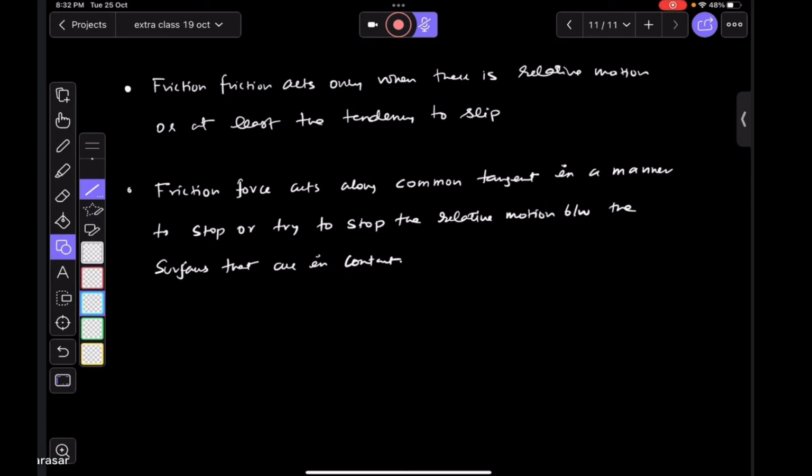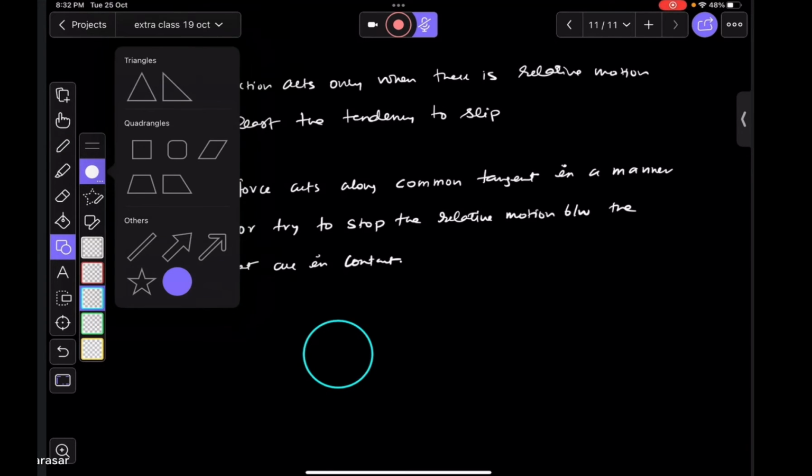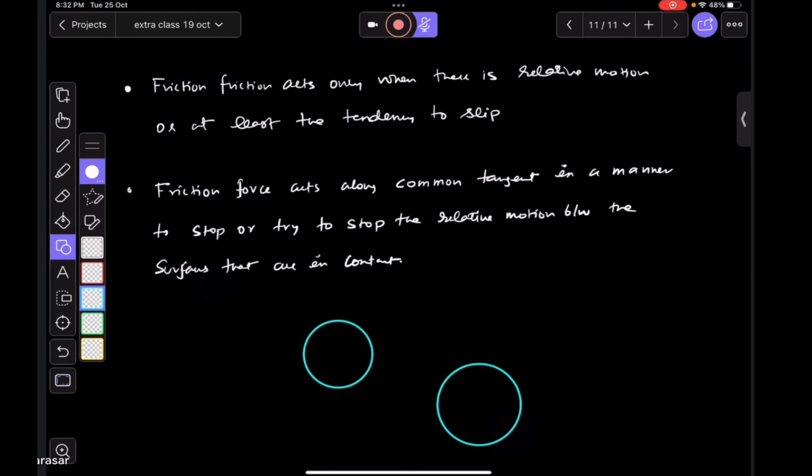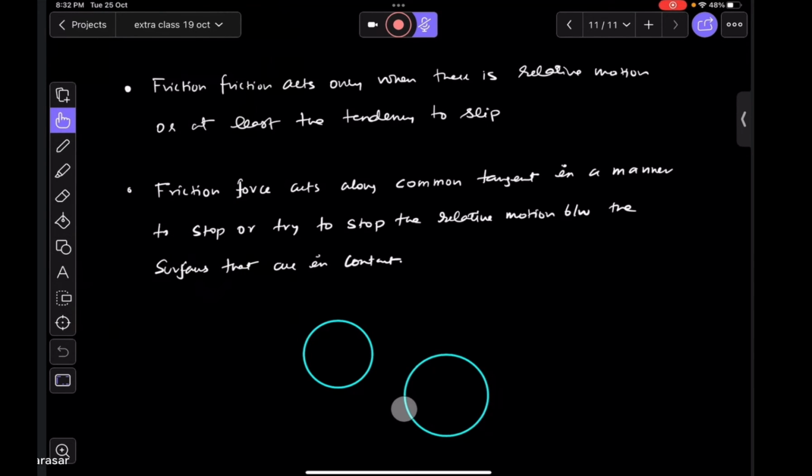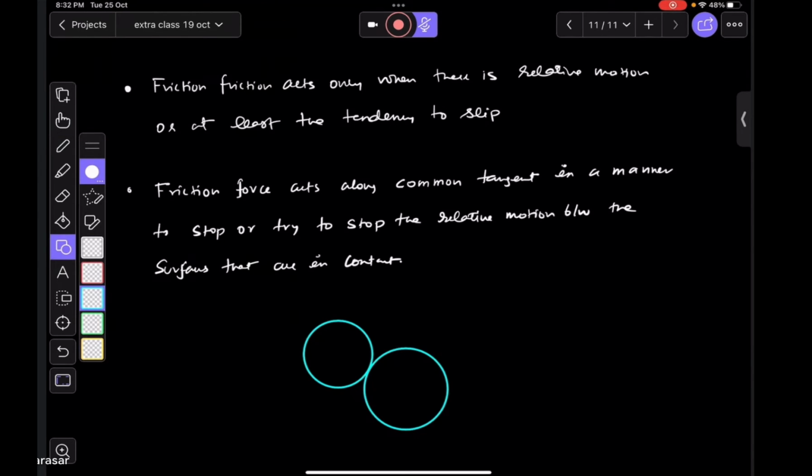And just to make you recall what our common tangent and common normal were. In general, we take two objects. I can take both objects to have flat surfaces, but that is not the general thing. The general thing is that both surfaces in contact will be curved.